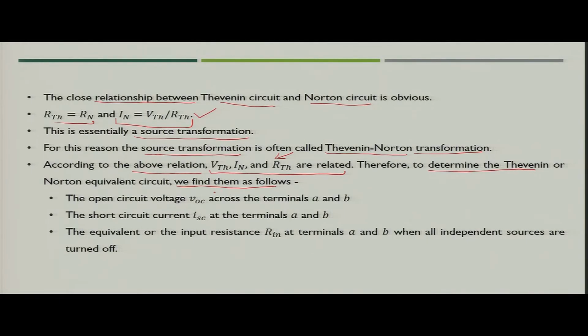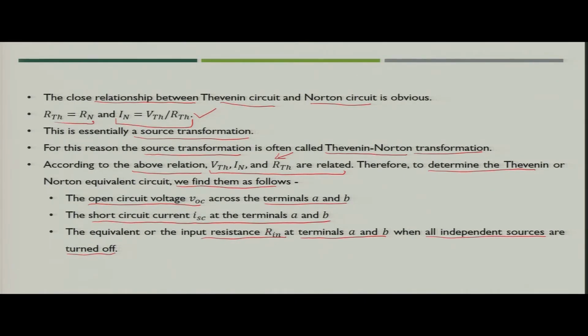What we generally do is find the open circuit voltage across the terminal A B, because in case of Thevenin we have to find the open circuit voltage across terminal A B. We also need to find the short circuit current at terminal A B, which is required when we are trying to find the Norton's equivalent, and then the input resistance seen through the terminals A and B when all independent sources are turned off.